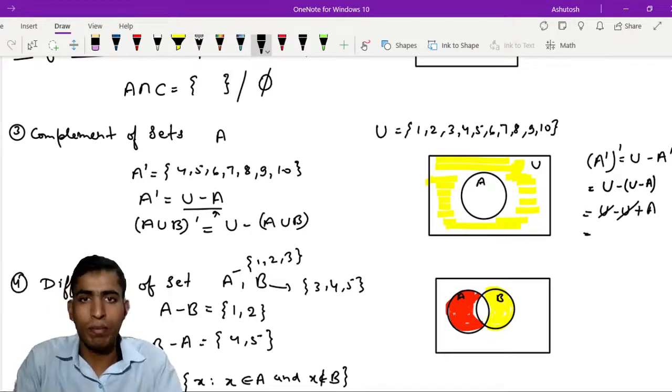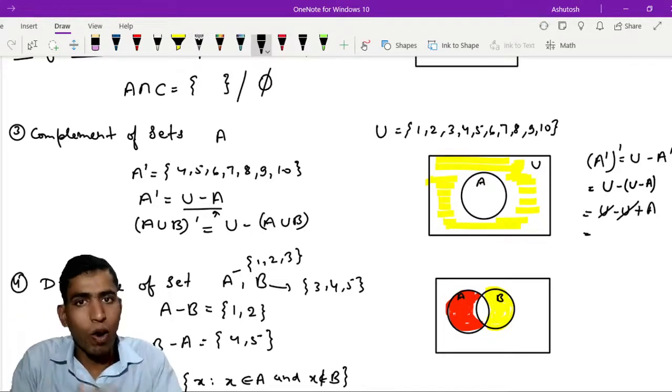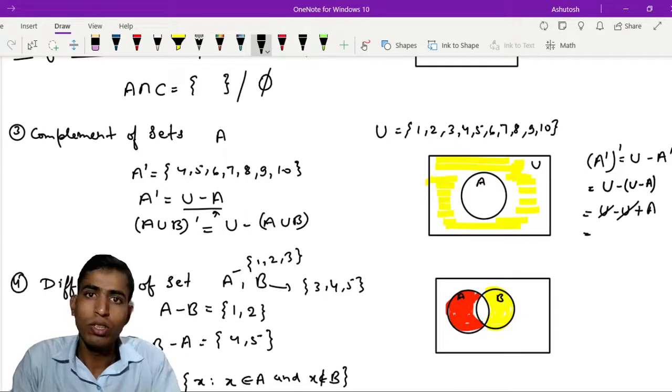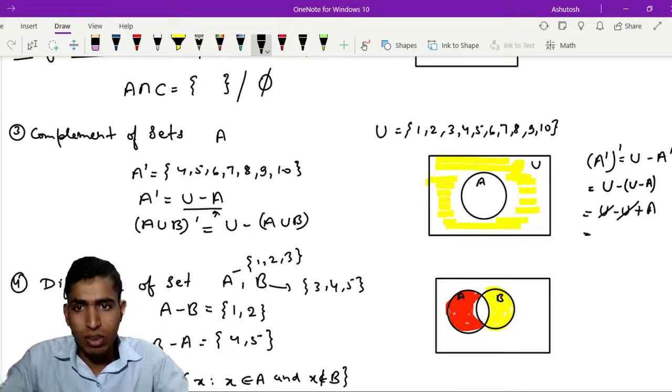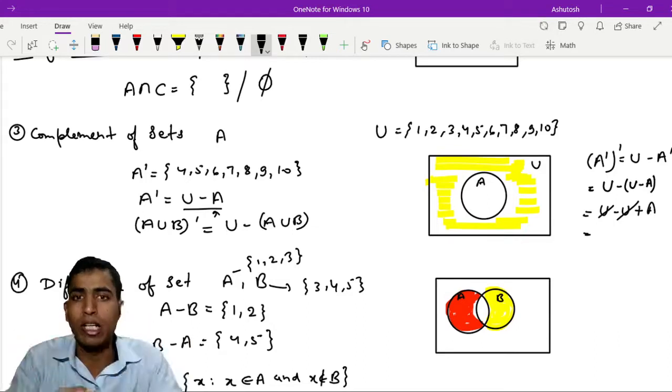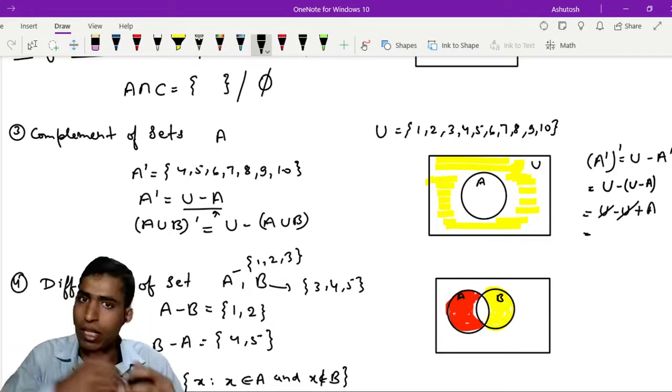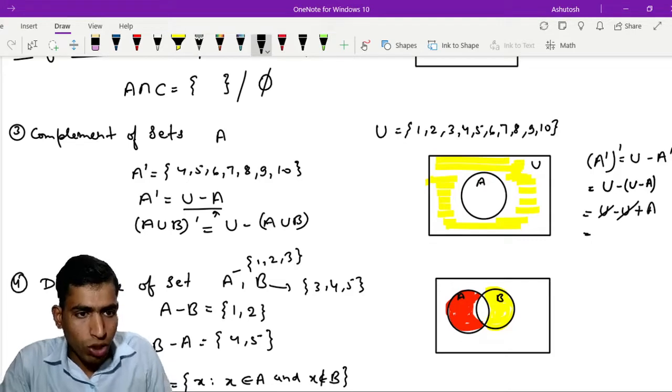If I subtract all the elements of U from U, we get nothing, the empty set. Adding means the union, and minus means we are removing those elements. So we are getting A, so A dash of dash means A.